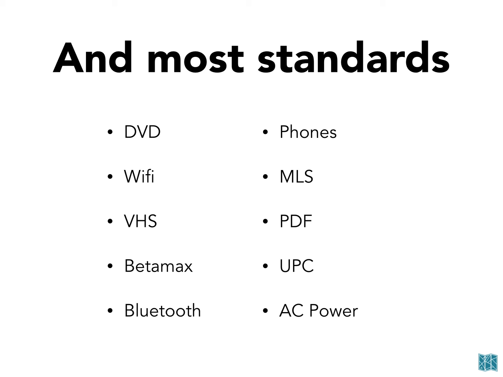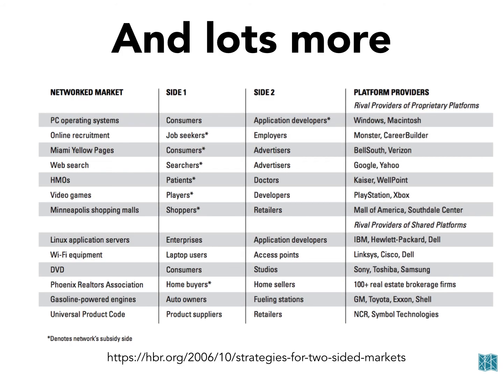A lot of these things started with a demand side and a supply side, and took an incredible amount of energy and effort to get the market to standardize on a single way of doing things. And there's tons more. There's a great article that HBR did called Strategies for Two-Sided Markets that I recommend.